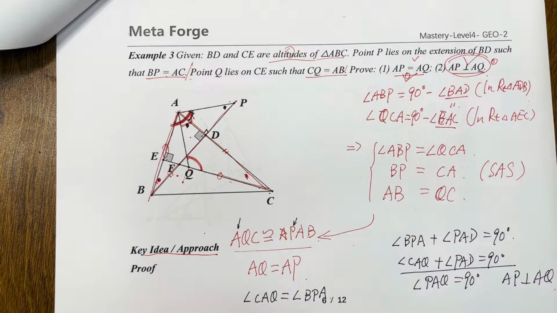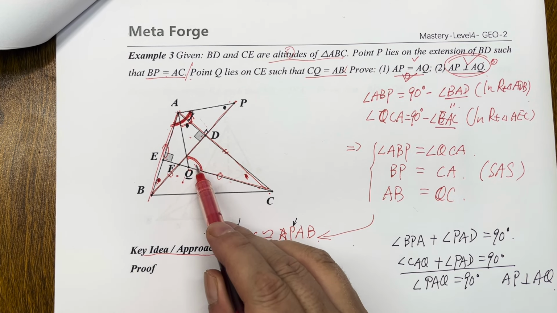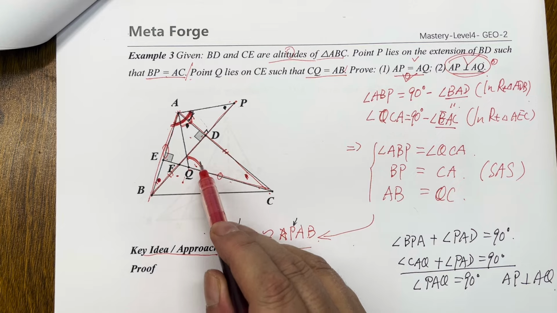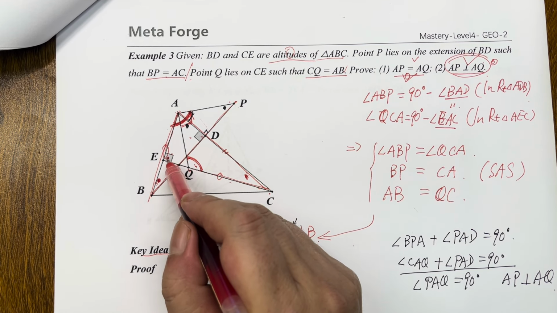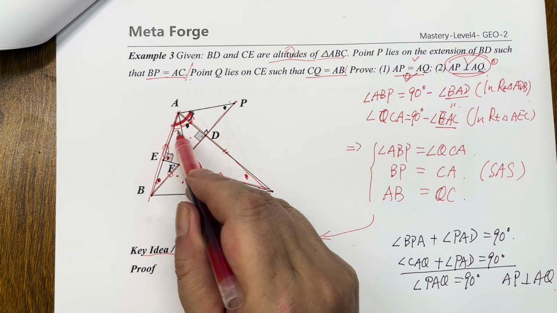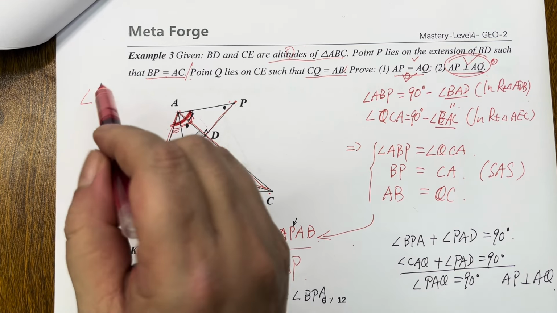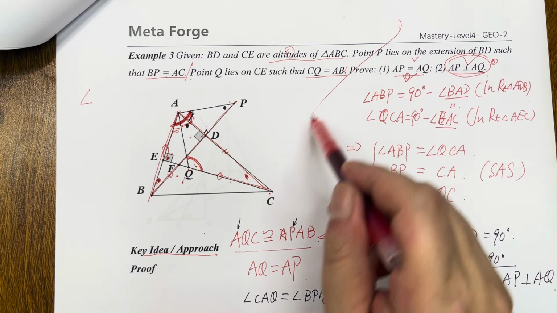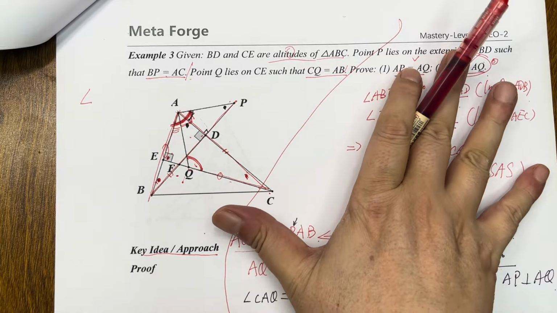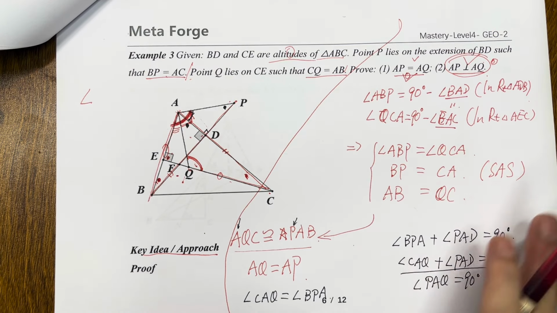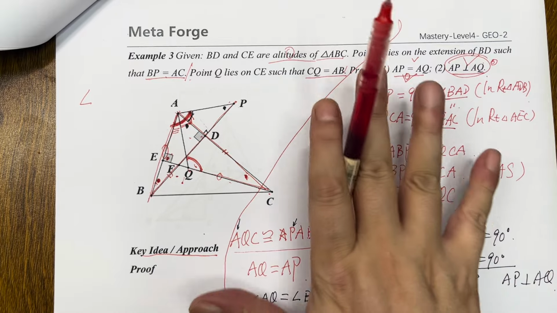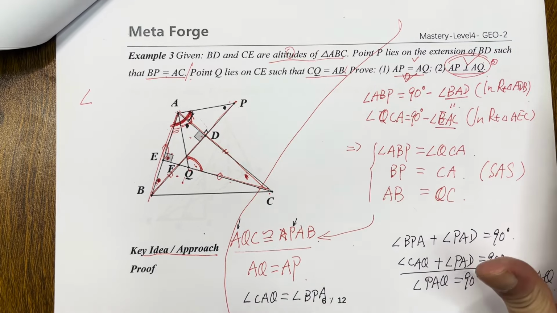Let me try it. What does Q equal? It equals this angle in the rectangle. This is the process. This is the handwriting you can give your teacher.